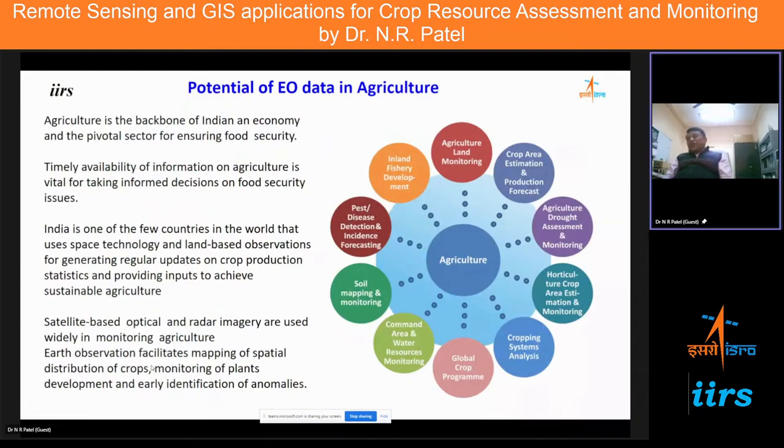India is one of the few countries which has made it possible to use satellite remote sensing for regular updating of agriculture statistics. Timely information about agriculture is vital for informed decision making and food security.